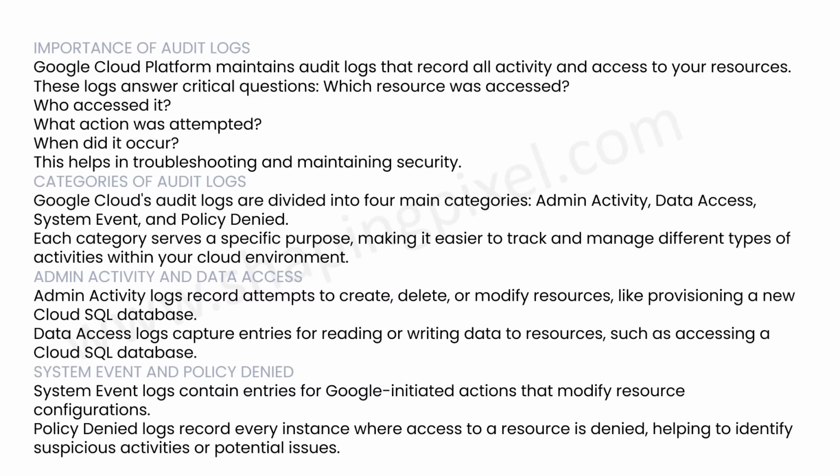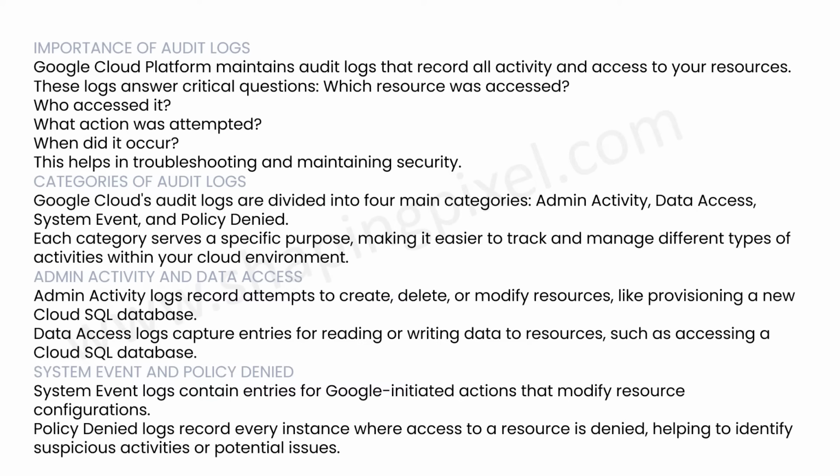Google Cloud's audit logs are divided into four main categories: admin activity, data access, system event, and policy denied. Each category serves a specific purpose, making it easier to track and manage different types of activities within your cloud environment. Admin activity logs record attempts to create, delete, or modify resources, like provisioning a new Cloud SQL database.